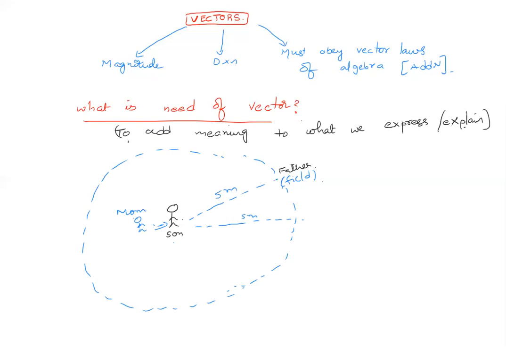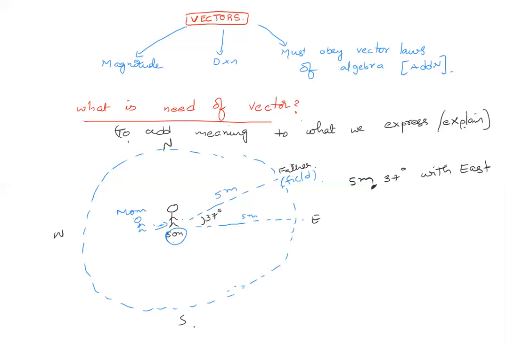So there is possibility. Instead, if mom expresses it with direction, if I say that son's father is 5 meters, for example, 37 degrees with east, considering this to be east, this west, this north, this south, then that son reaches exactly the father.